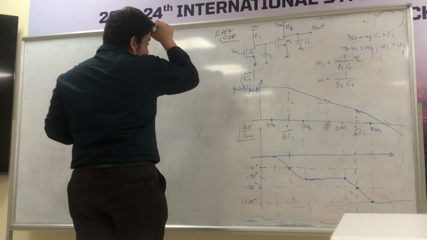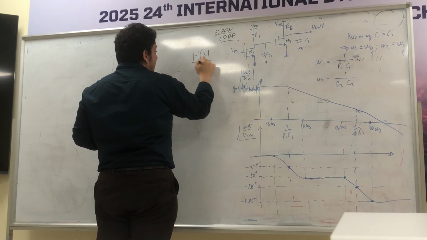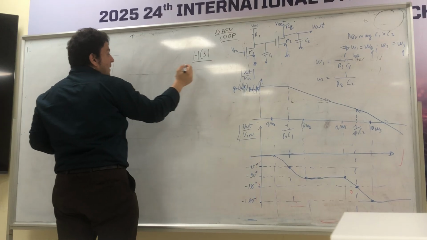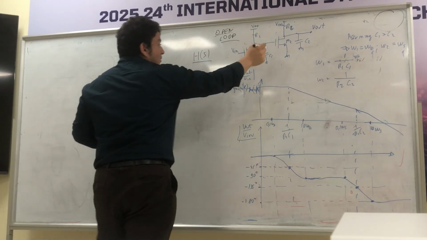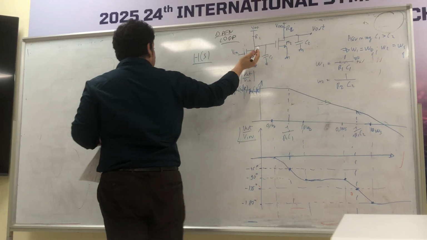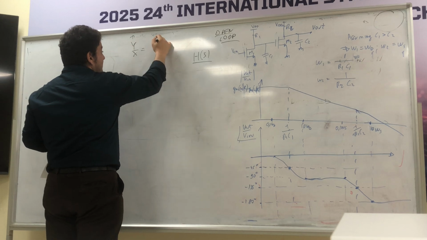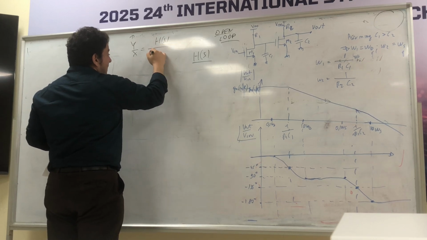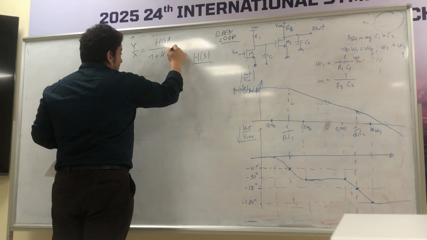It means that this is my H(s). If you remember, this is the open loop system, but if I put this in a feedback, at the end I would have this: 1 plus K H(s).